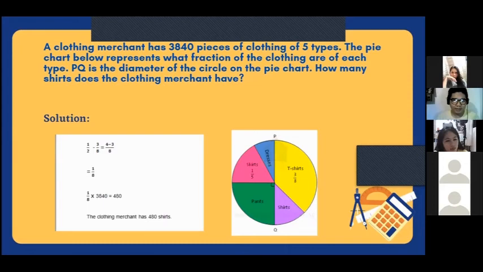So this is 1/8, but this is not the final answer. We have to multiply it by the 3,840 pieces of clothing. So 1/8 times 3,840 is equal to 480. So the clothing merchant has 480 shirts.